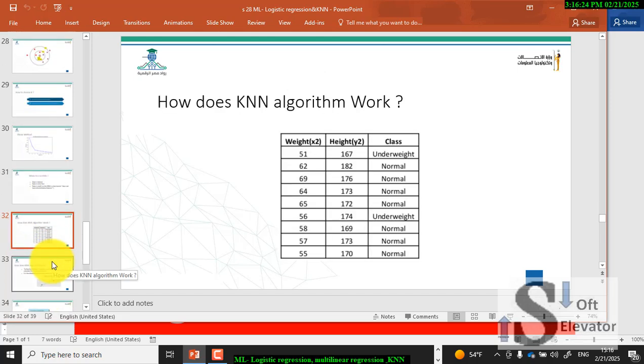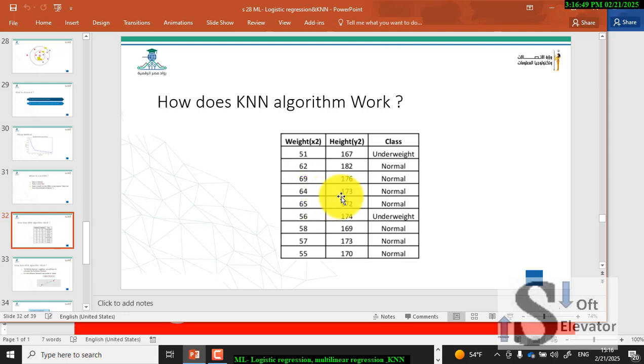Here we have, how does the KNN algorithm work? We have the weight and the height and the class. So this is underweight, and this one is underweight, while all of these are normal weight. Okay?